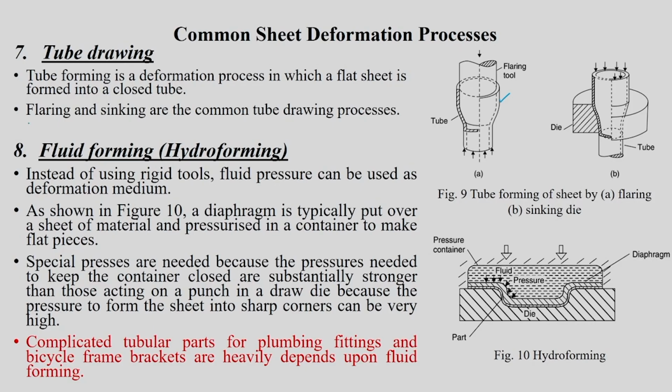For example, flaring. Flaring is one way of making some shape change to the material. Tube sinking is possible, tube reduction is possible, like what we have in water cans, no? At one end the diameter is reducing, right. So that can be made by tube reduction.